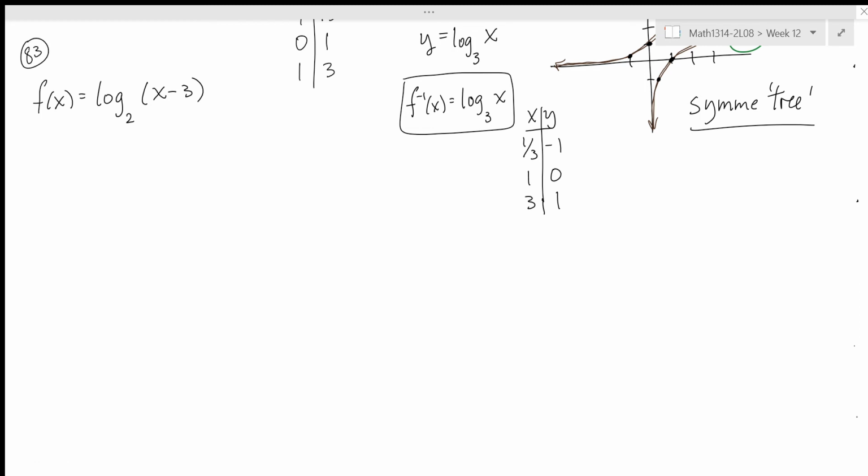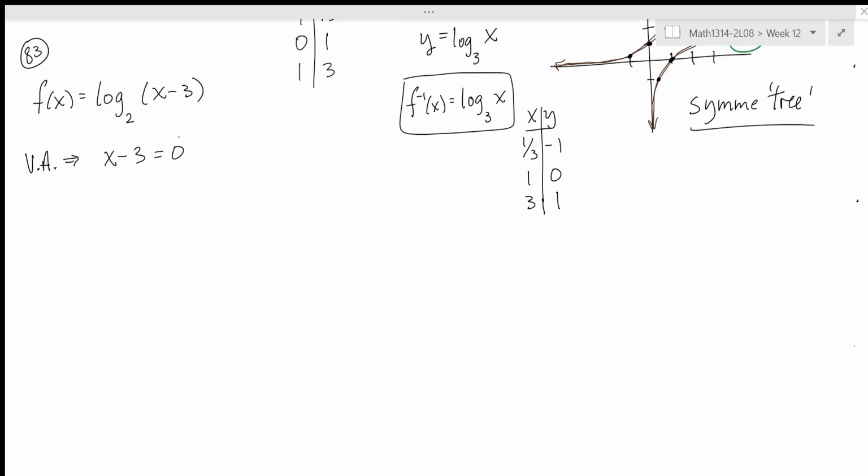Vertical asymptote. And so what I'm going to do first is teach you how to find the vertical asymptote. The vertical asymptote can be found by taking the x minus 3 and setting it equal to 0 and solving.